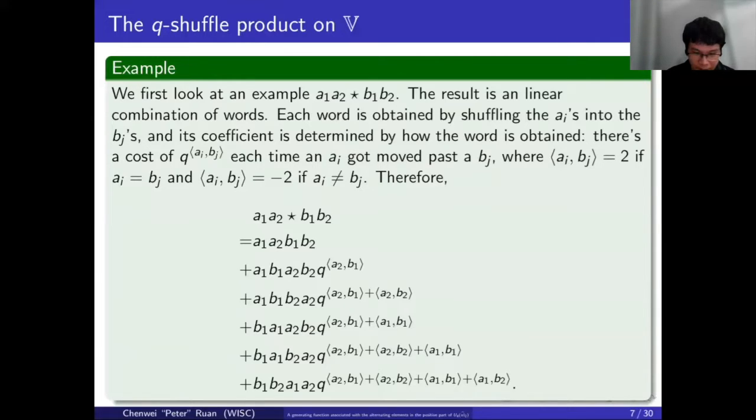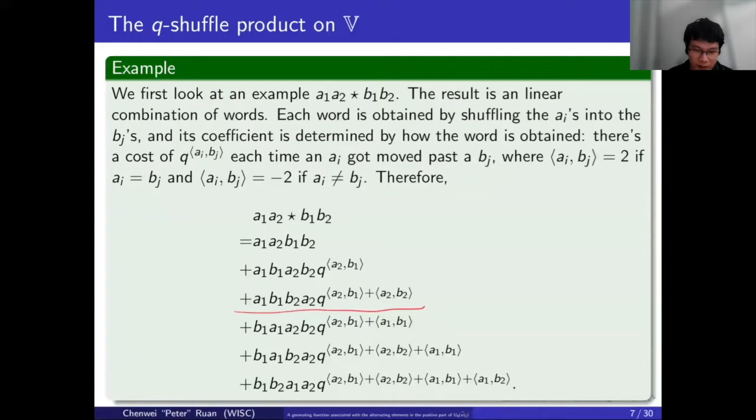So therefore we have the following result: a1 a2 star b1 b2 is the following. For example, we can look at this line. We can see that this line is obtained by first shuffling a2 past b1, and then shuffling a2 past b2.